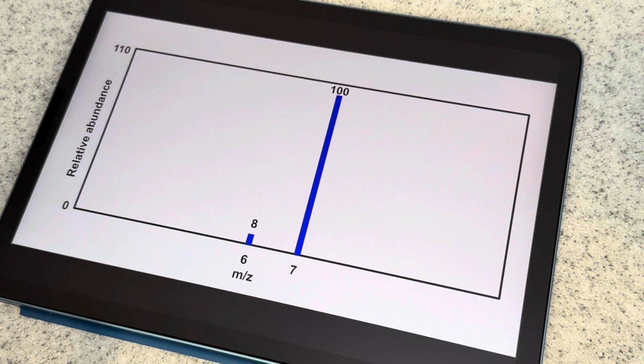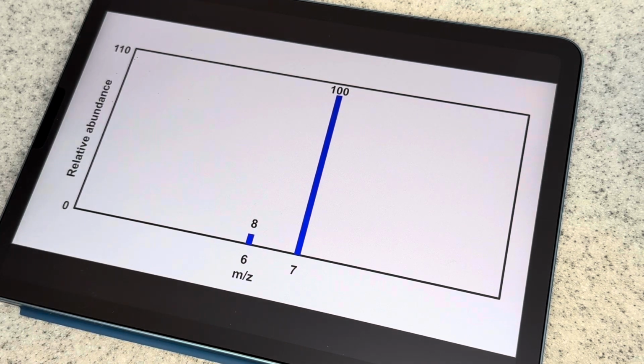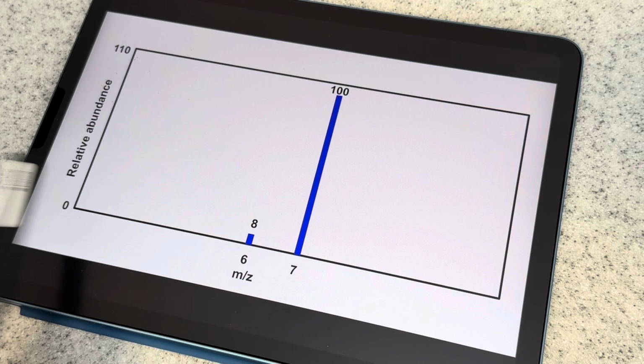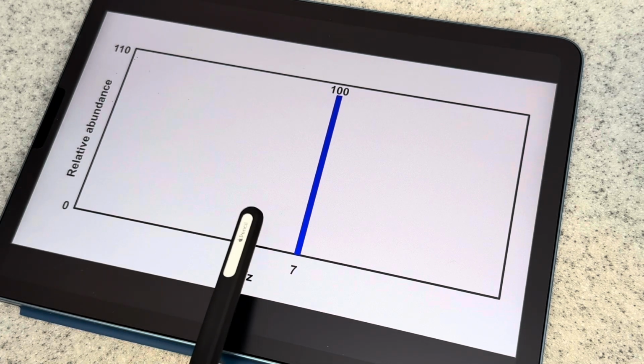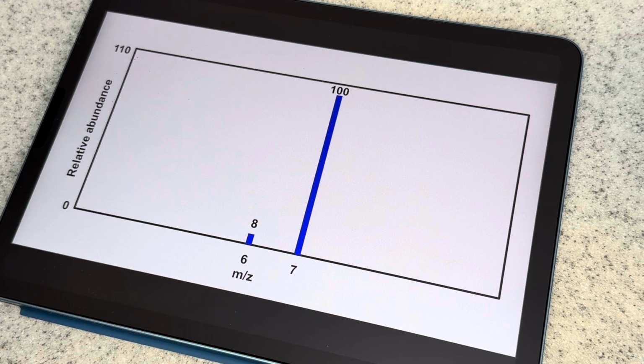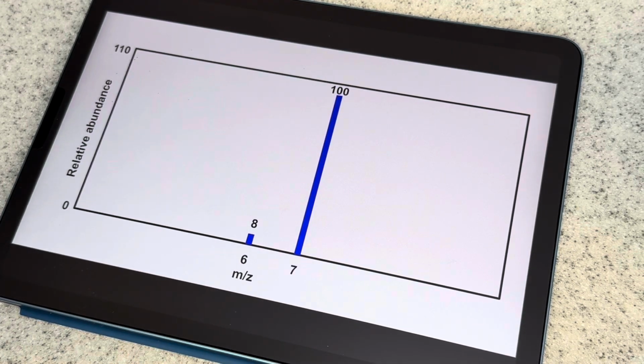So we're almost finished. We're just going to do a very similar calculation, but you'll notice that the y-axis is slightly changed on the spectrum. It's still the one for lithium, but now instead of percentage abundance, it says relative abundance, and we don't have percentages here. We've got actual abundance values. If you think about it, there's a total of 108 atoms in this sample.